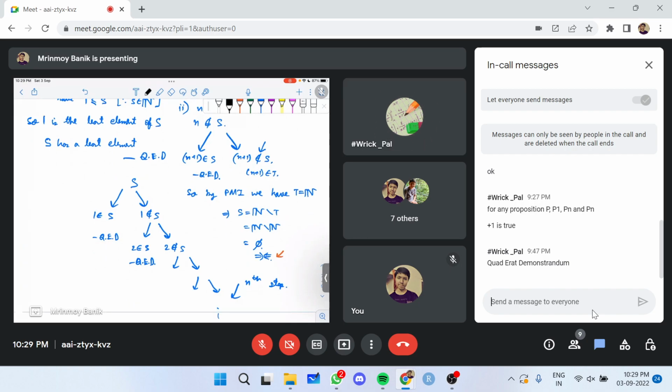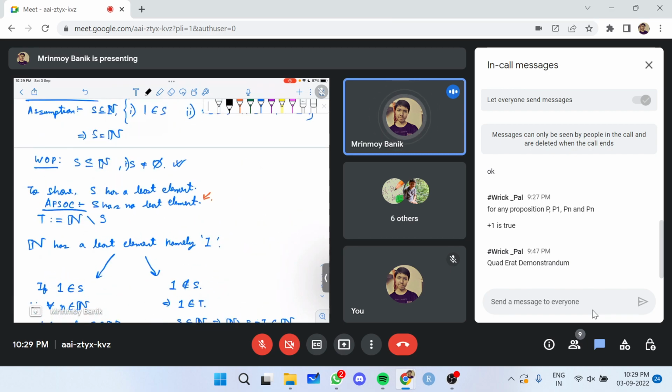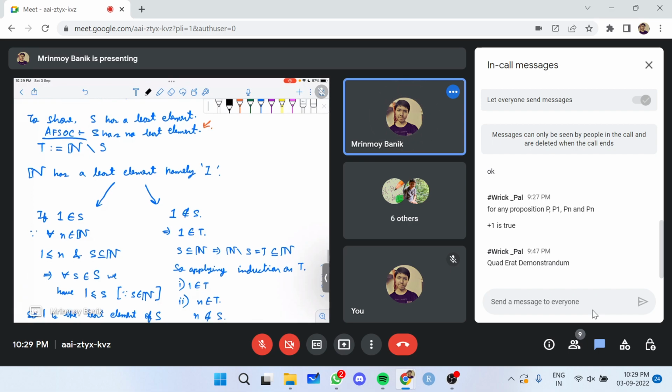No, we don't explicitly need the least element. We just prove its existence. So I have structured this proof a bit awkwardly. The proof should start from the assumption that S has no least element. And then it will go on proving that S can't contain 1, since that will mean S has a least element.